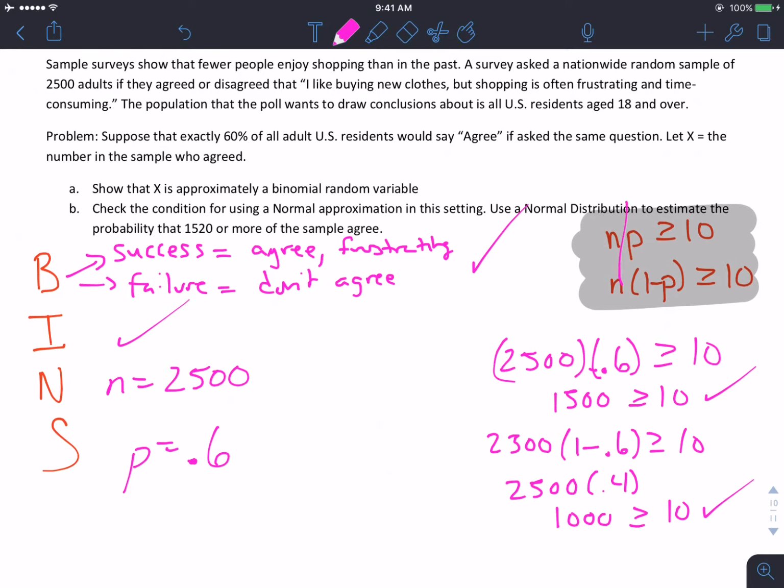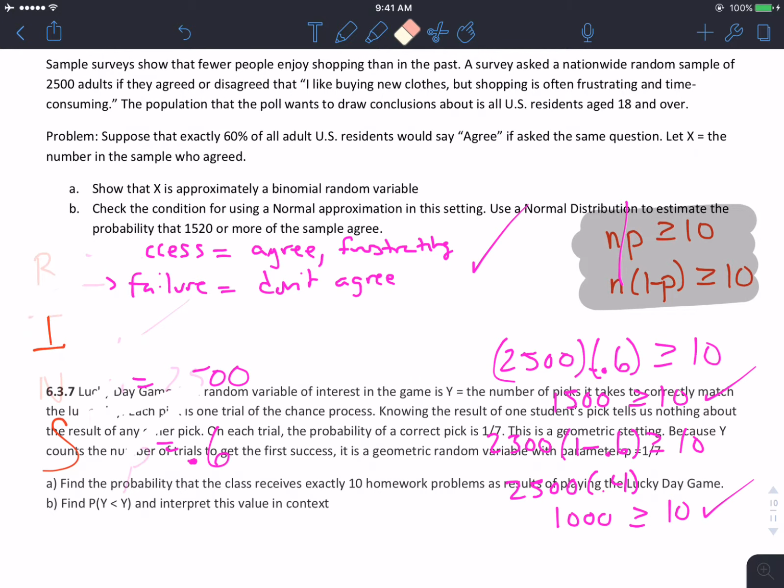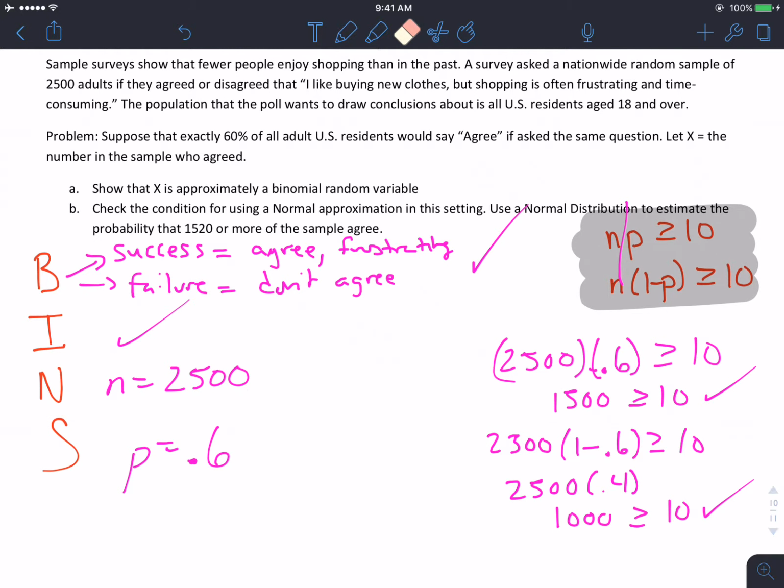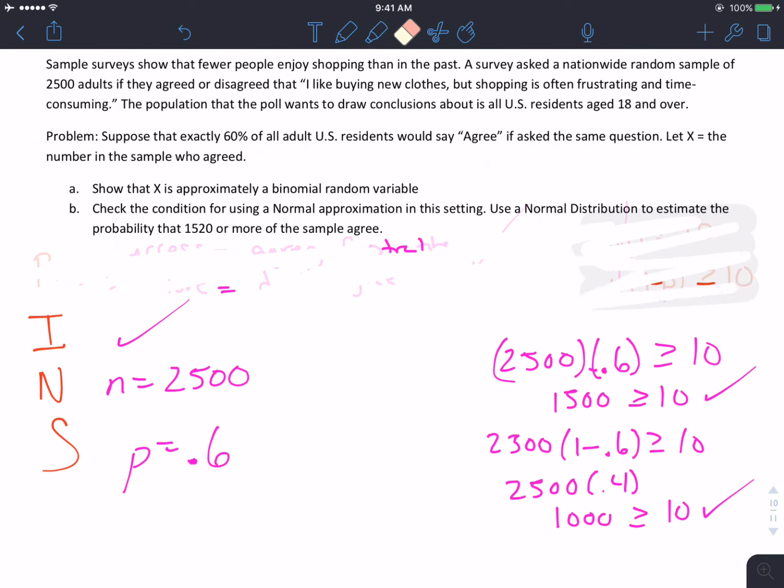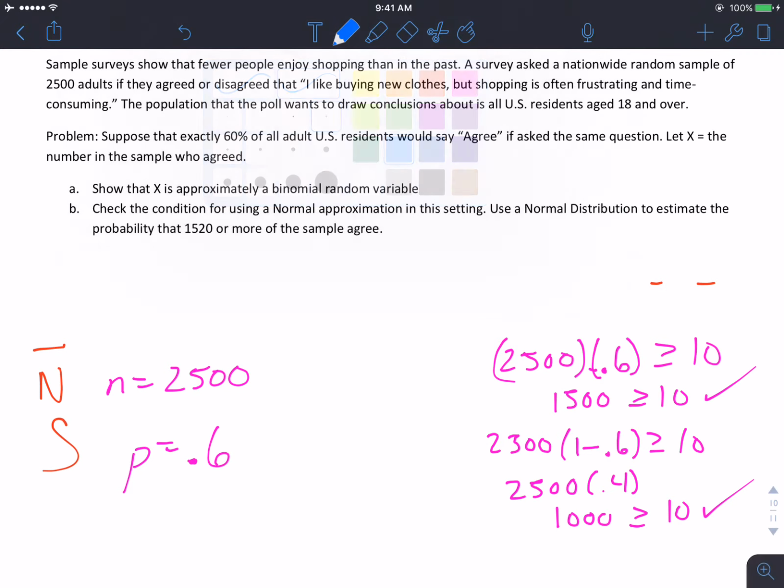So since we want to use a normal distribution here, let's go ahead and make our curve. And with a normal distribution, what are the two things you always want to find? You want to find the mean and the standard deviation.